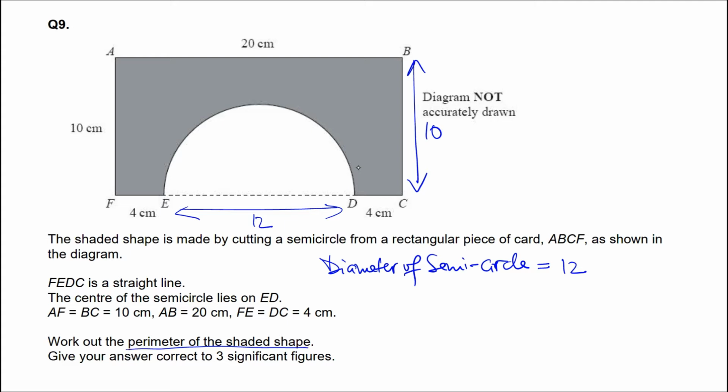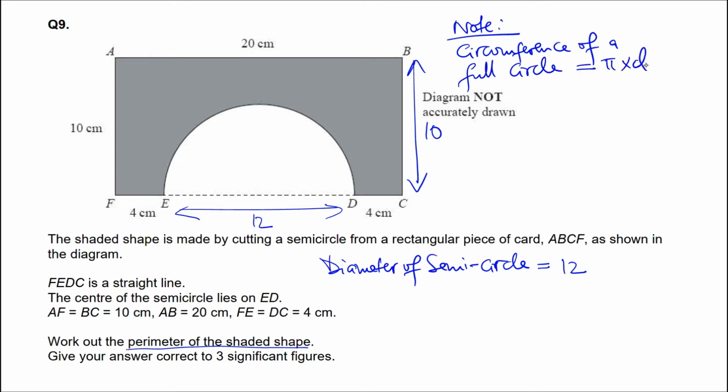We know that the circumference of a full circle is equal to pi times diameter.